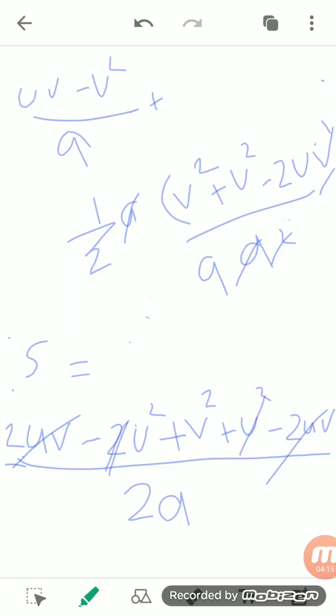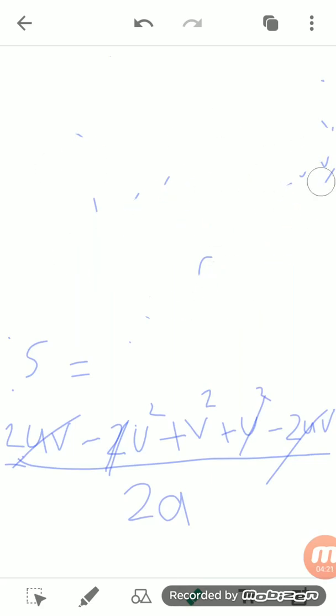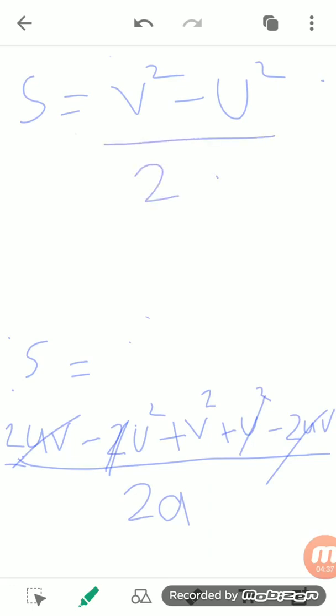minus u square. Okay, so now you can write S will be equal to (v square minus u square) upon 2a, because it was minus 2u square plus u square, this will be minus u square, upon 2a.